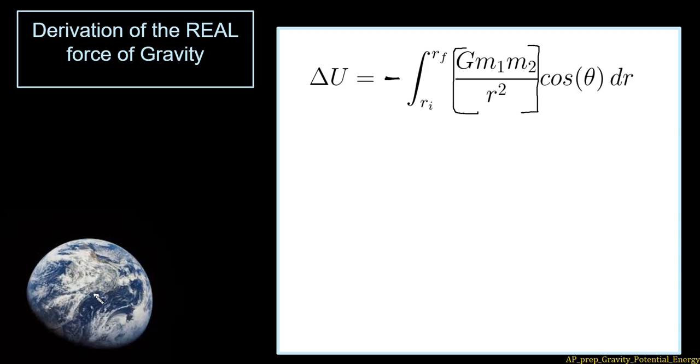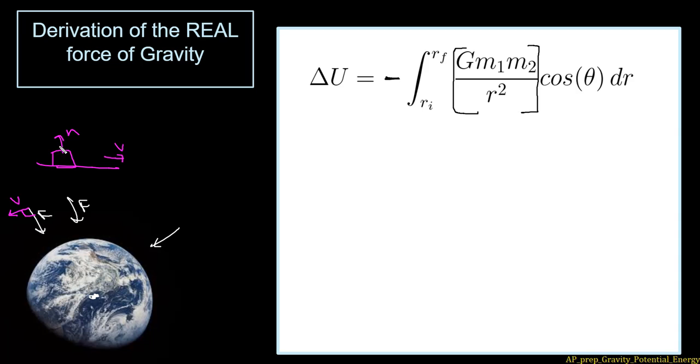So we're going to find the stored energy due to the Earth, and since the Earth is pulling, the force is always pointing towards the center of the Earth. If I move non-radially, that force is perpendicular to the motion, and cosine is 0. Remember when I'm dragging a suitcase this way, that's my motion, the normal force wasn't doing any work because it was perpendicular.